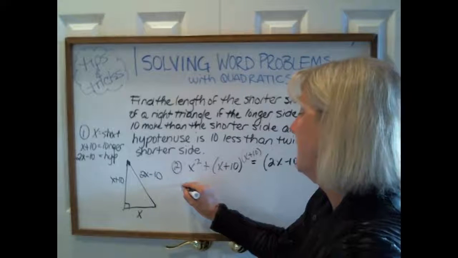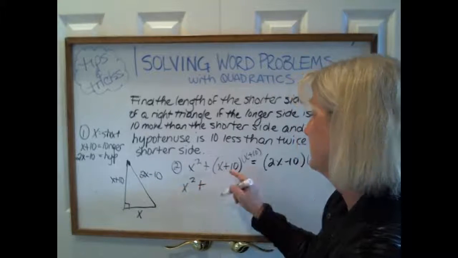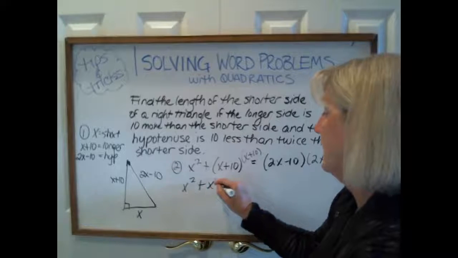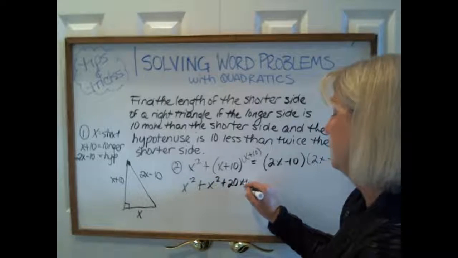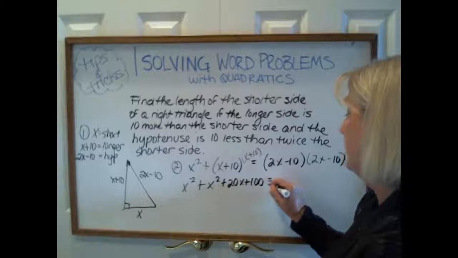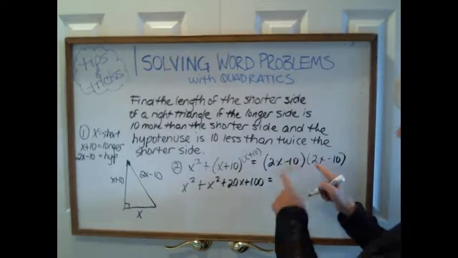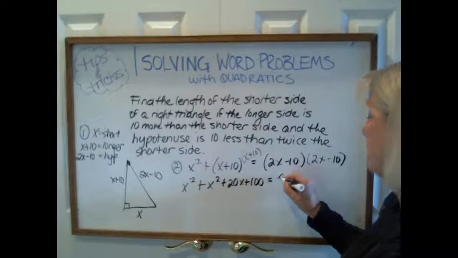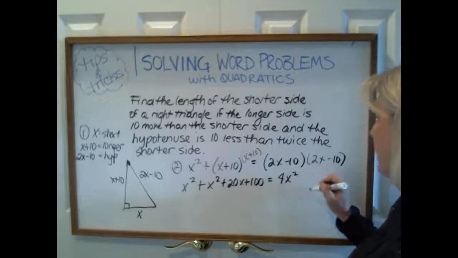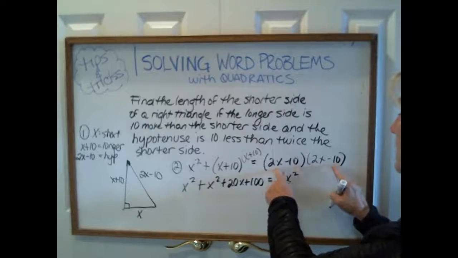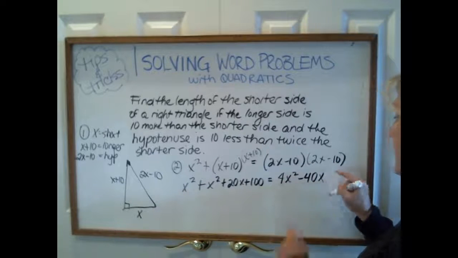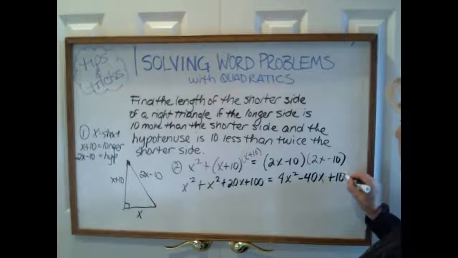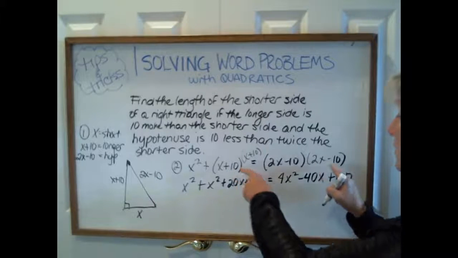This is going to be x squared plus, I'm going to FOIL this, x squared plus 20x plus 100 equals, and then I'm going to FOIL this out. 2x times 2x is 4x squared. And then it's going to be minus 20x, so that's minus 40x plus 100. So I FOILed both of these things.